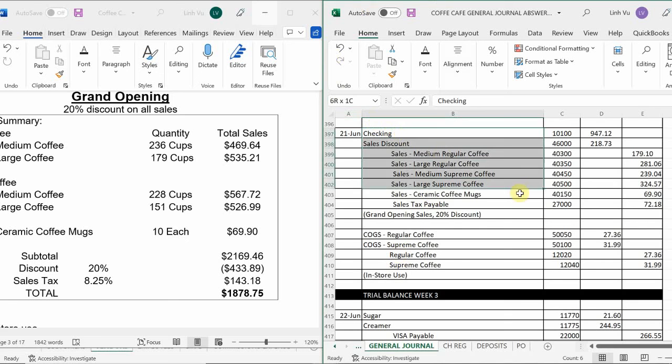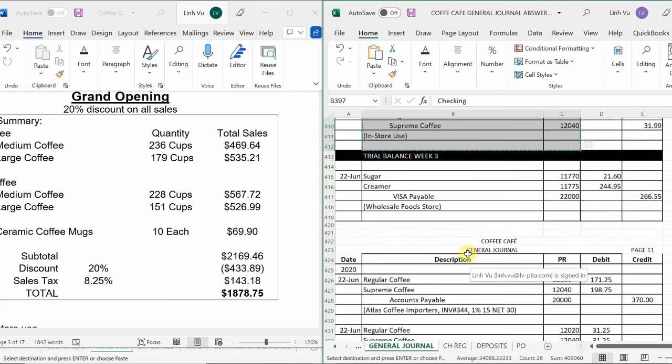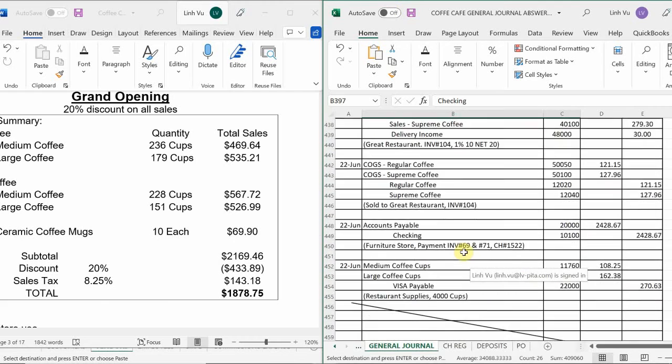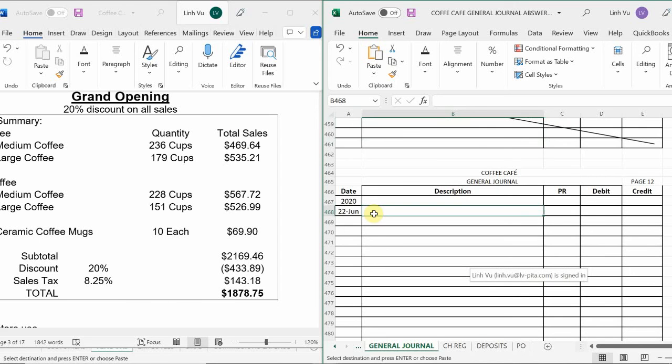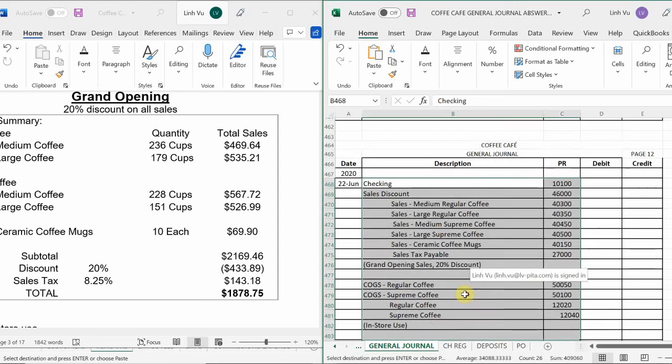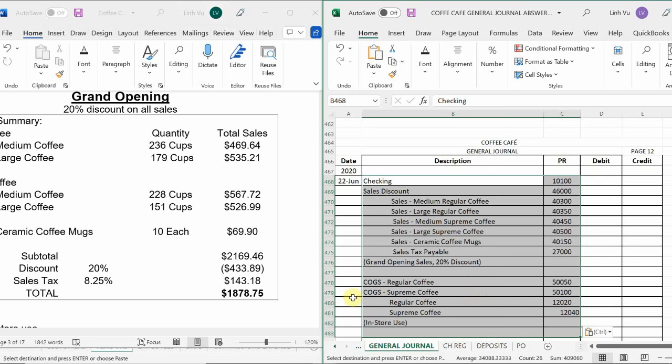Checking, sales discount, everything there. Yep. Take a shortcut. I'm going to copy and paste it to save some time from writing everything in, because this is the exact transaction that I need. And all the descriptions are also the same.